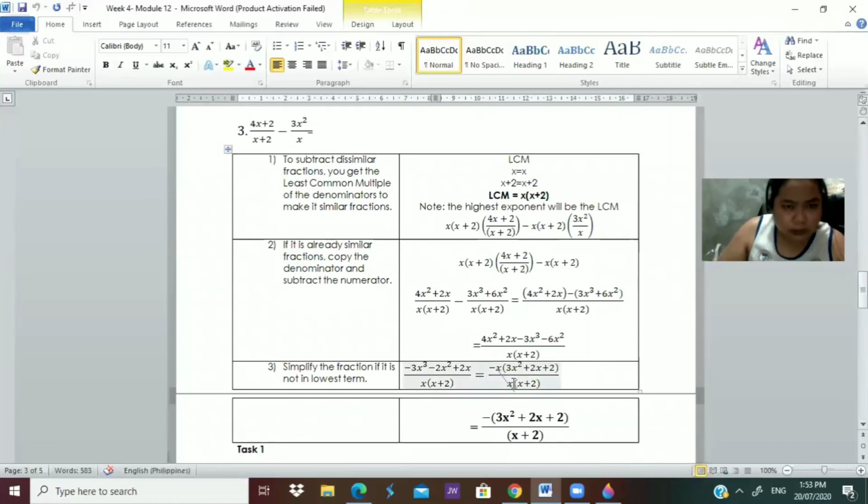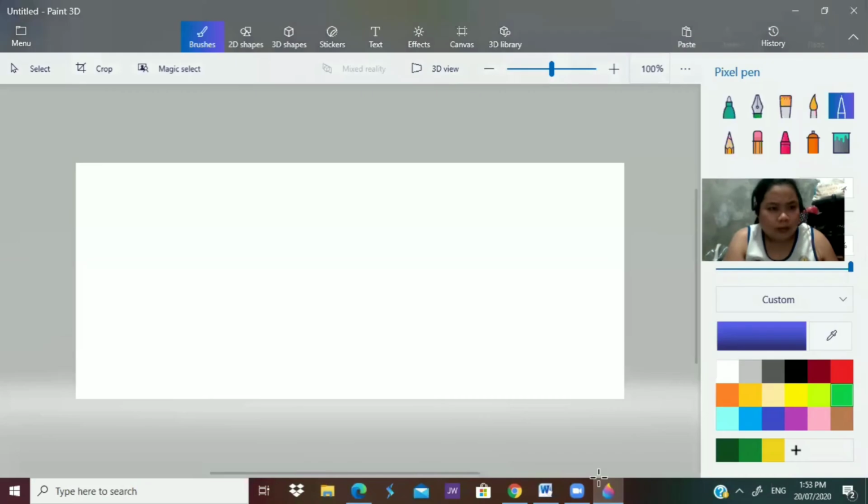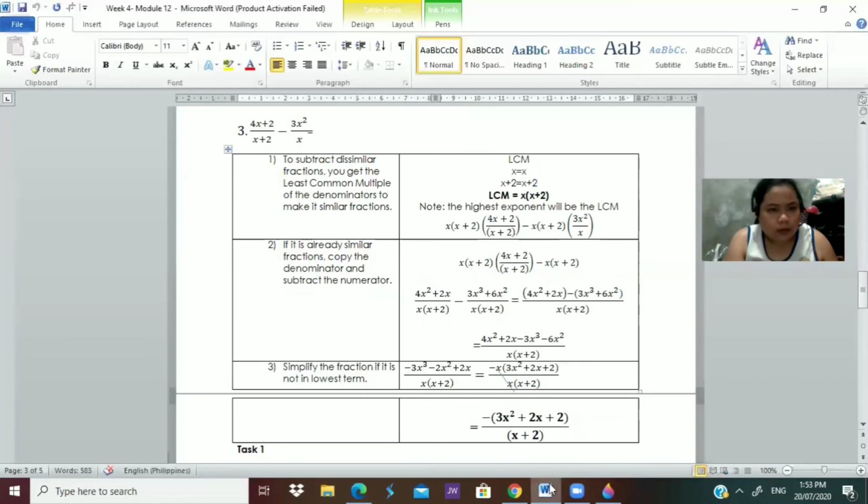So you have 4x plus 2 over x plus 2 minus 3x squared over x. Let's have this one. Last na pala yun. Okay. Number 3, let's have 4x plus 2 over x plus 2. Is that the given?